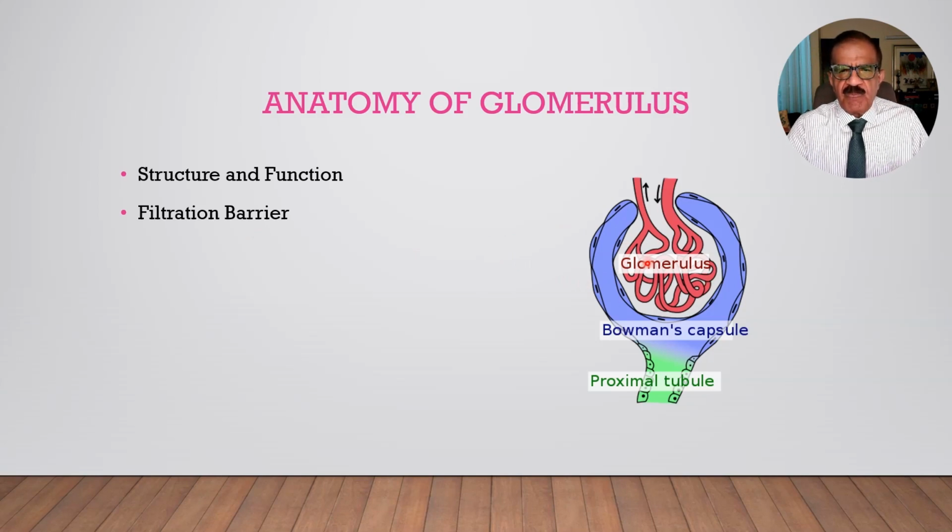If this barrier is broken, as can happen in glomerulonephritis, then a lot of protein will leak into the tubules, and also some cells will leak into the tubules. These cells can make different casts in the tubular system, which we can identify in the urine. So this is the most relevant structure and function of the glomerulus.